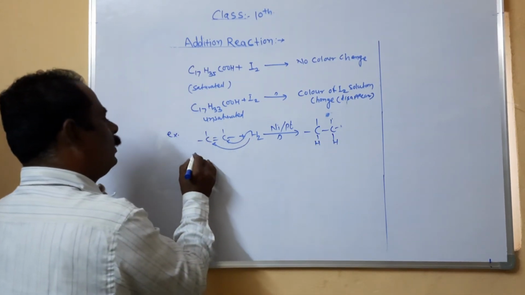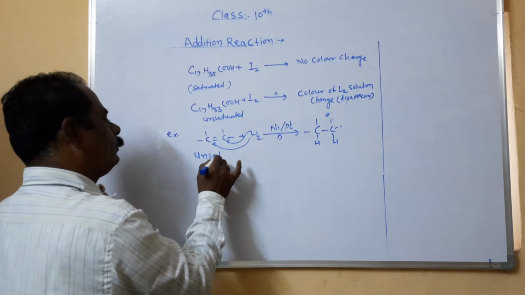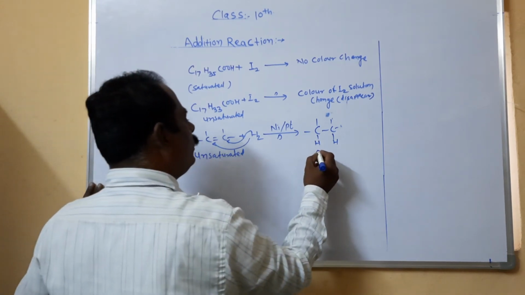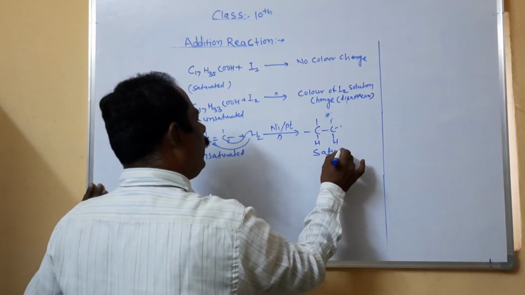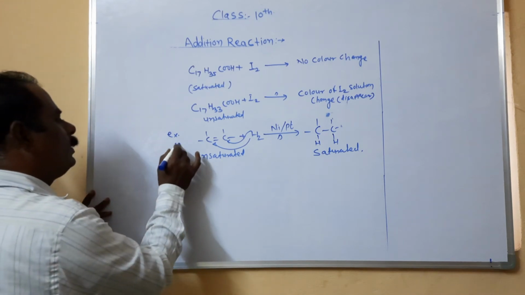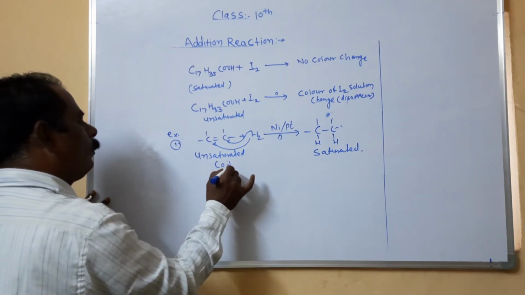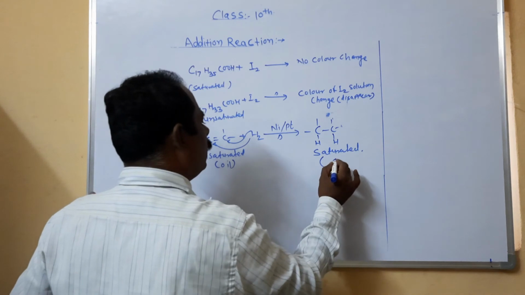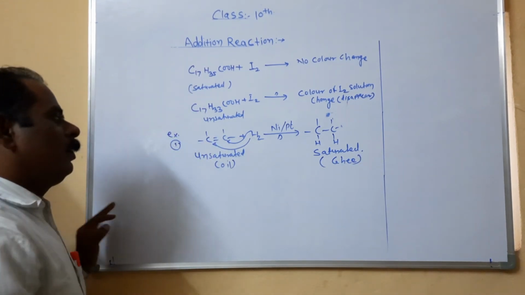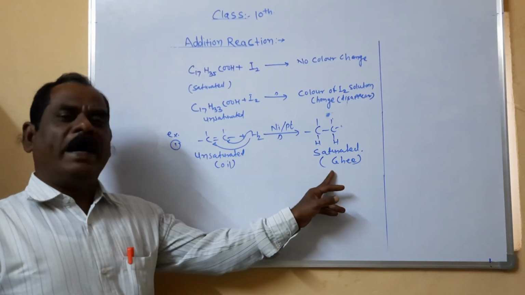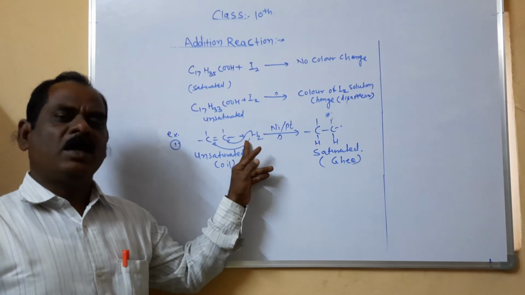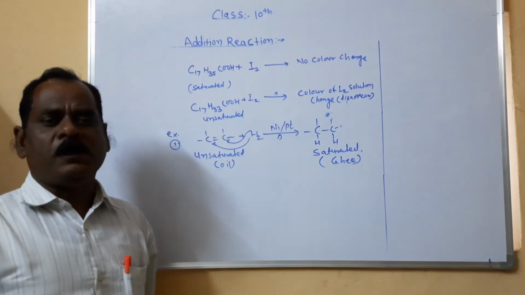The unsaturated hydrocarbon, because it contains a double bond, gives a saturated compound. This is the general reaction of oil, and this is the ghee. It means that oil is converted to ghee by catalytic hydrogenation. By the catalytic hydrogenation process, oil is converted into vanaspati ghee.